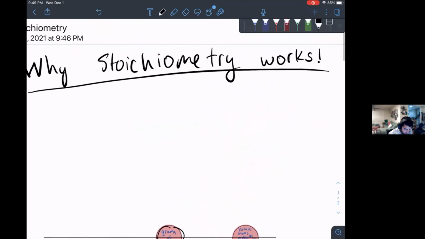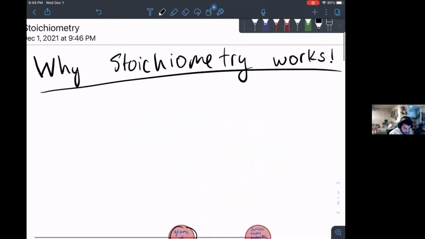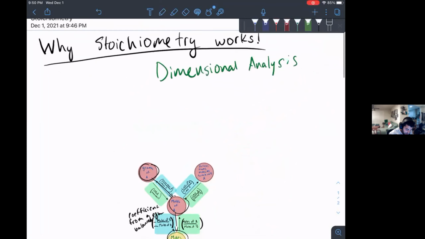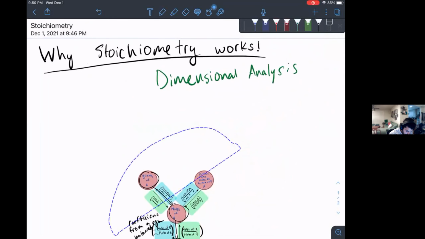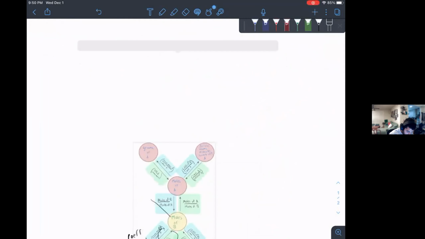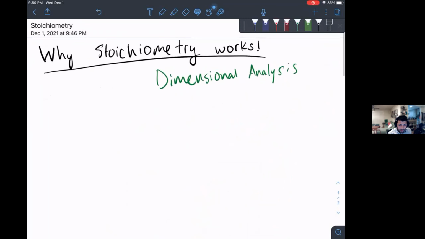And the first thing I want to talk about is stoichiometry really, more than anything, is just dimensional analysis. That's basically the process where we convert one thing into another. I'm going to move this whole thing down. So it's basically dimensional analysis.